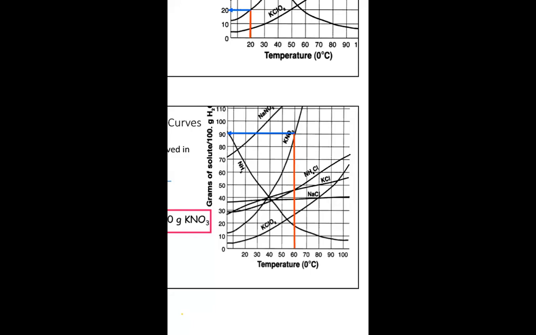So it was specifically said that according to this graph, the mass of water used is 100 grams. That tells us that 90 grams of potassium nitrate is going to dissolve in 100 grams of water at 60 degrees Celsius. Is that clear? Yes. So fine.